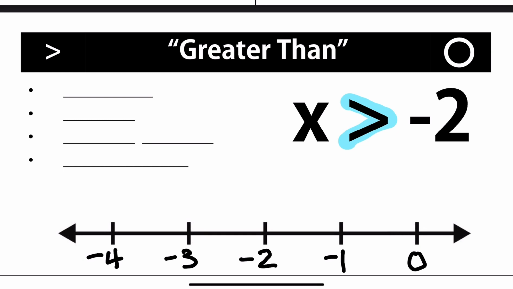Just like with our less than, we're going to start with a circle. Remember, at the top of your page, that's going to tell you what kind of circle you need for a greater than symbol. You'll notice that both the greater than and less than circles are not filled in.